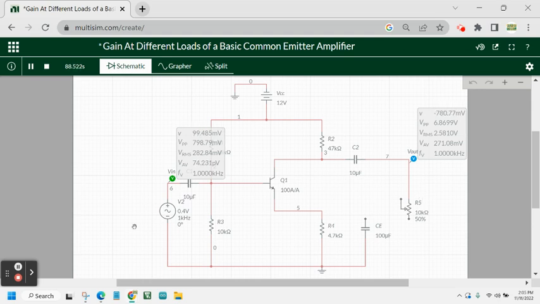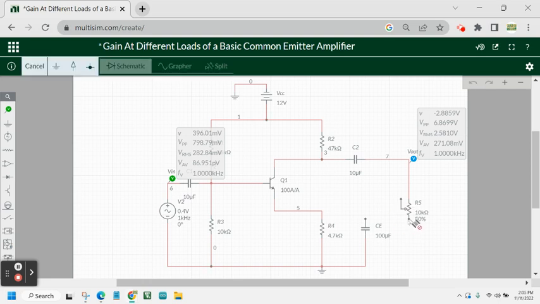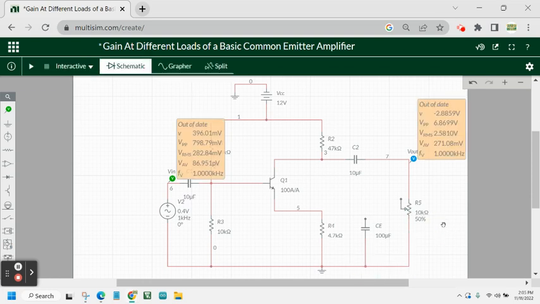Let's say that we stopped the simulation and we connected our variable resistor here, with a value of 47 kilo ohms.